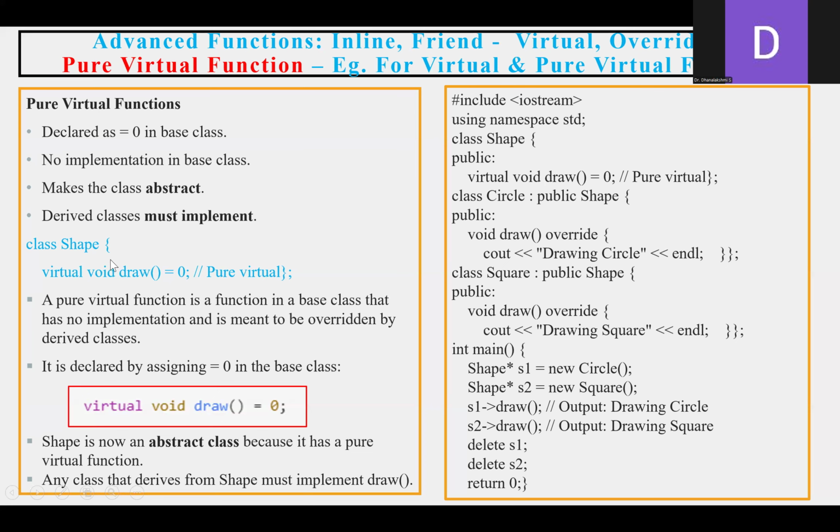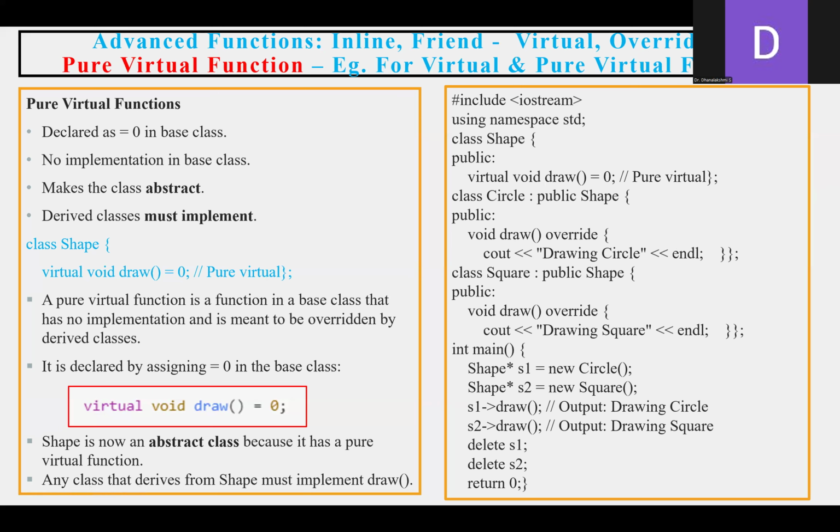Here, as I said, it has a pure virtual function draw, declared as virtual void draw is equal to 0. So this is a pure virtual function and this is an abstract class. Being pure virtual makes shape an abstract class, so we cannot create any objects of this class directly. Hope this point is very clear.